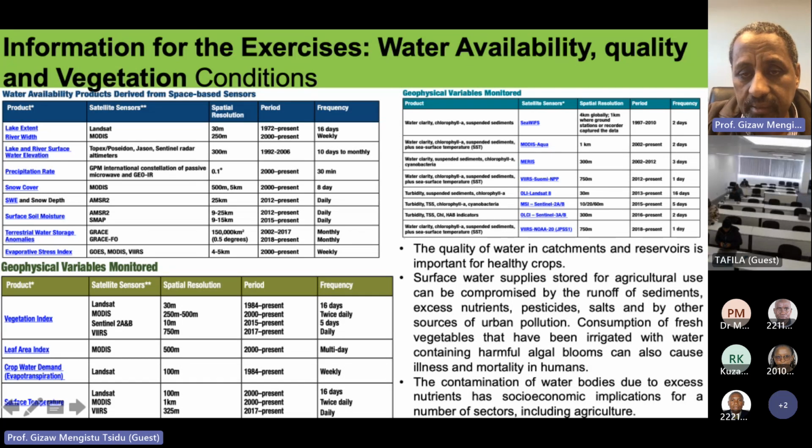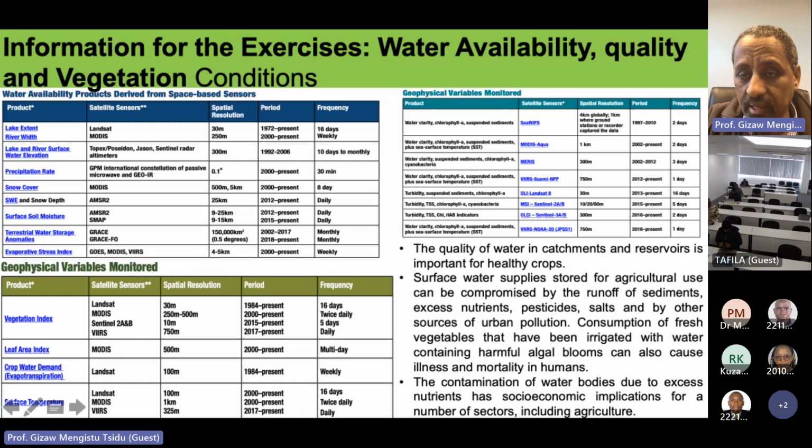And other things like water clarity, which is about water quality, chlorophyll A, suspended sediment, usually from sea waves. It's an American satellite. This has been delivering data every 2 days over a given location, mostly focused on the sea, on the ocean.